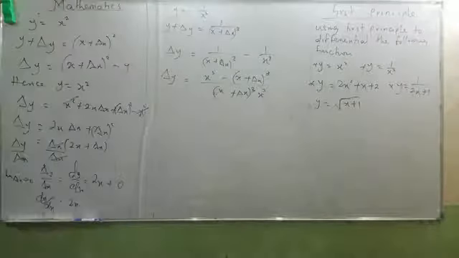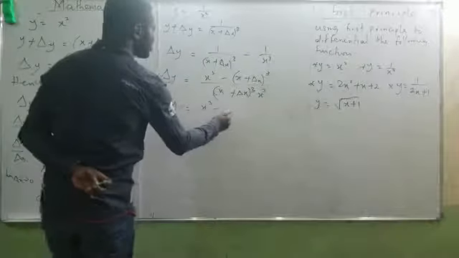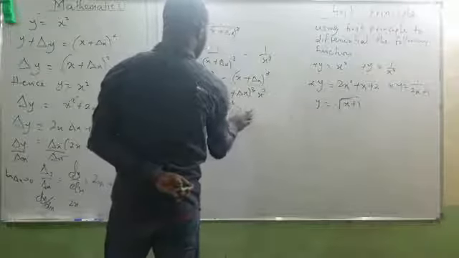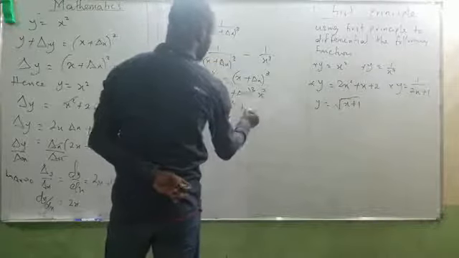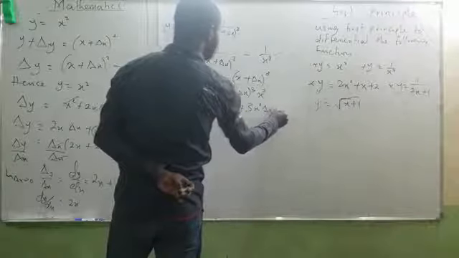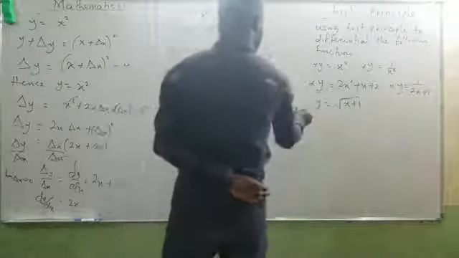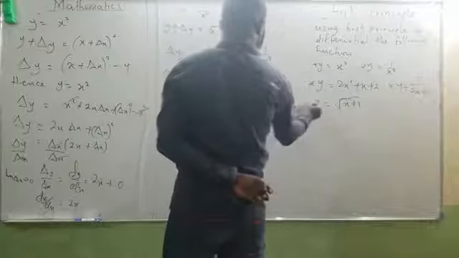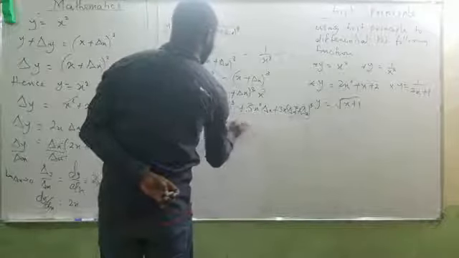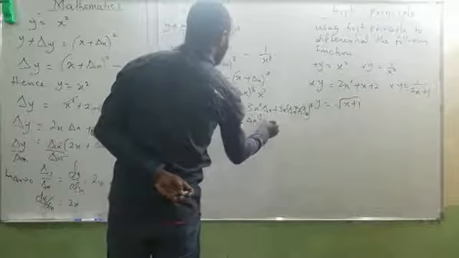Now, what I'll just do, I'm just factorizing. The first thing I will do now is delta y equals x cubed minus, let me put a bracket, x cubed plus 3x squared delta x plus 3x delta x squared plus delta x all cubed, divided by x plus delta x all cubed x cubed.